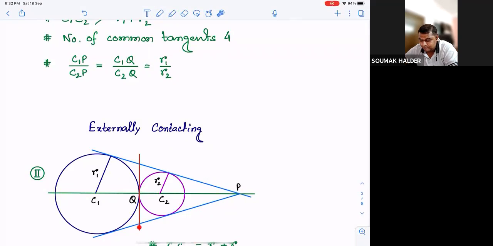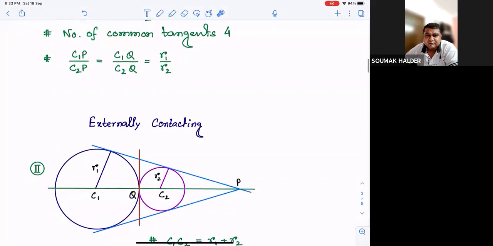So this will not be marked anymore as a transverse common tangent, and we will mark the red tangent as common tangent through common point. So this time the 2 circles having their centers at a distance same as the sum of radii, number of common tangents 3, out of which the blue ones are direct common tangents and the red one should be called as common tangent through contact point or common tangent through common point.